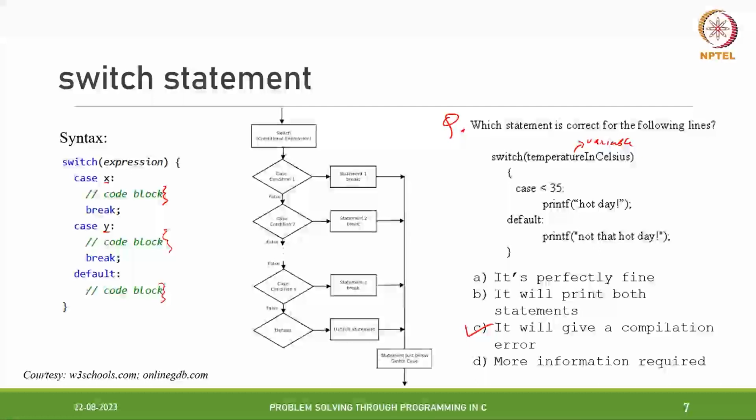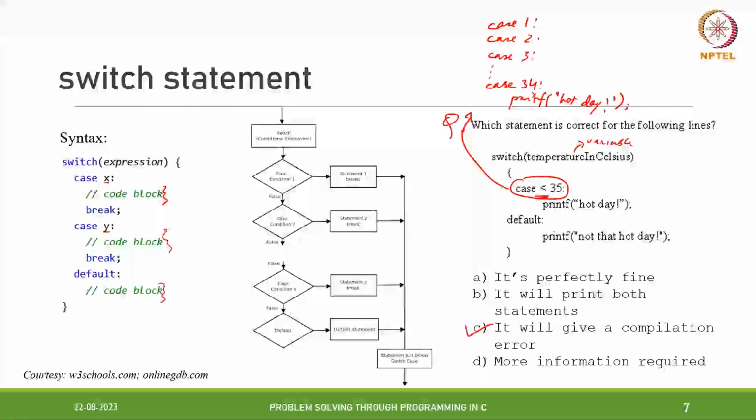Basically, switch case statements cannot be written like this. You cannot follow this format for a switch case statement. The case has to be only a single value. If you want to express things like this, you have to write it like this: case 1, case 2, case 3, all the way till case 34, because you want to express less than 35, right? Then you do this printf thing, printf hot day.